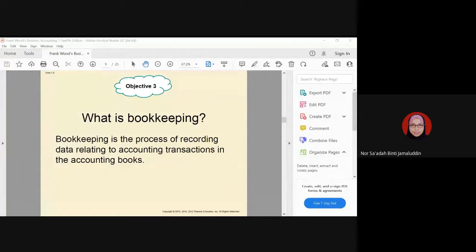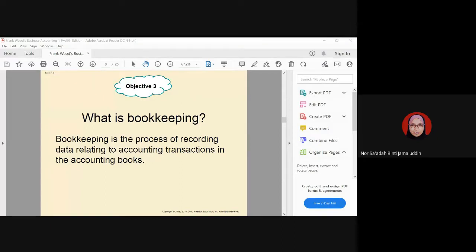Sebagai contoh, for example, we do the buying transaction, or we do the selling transaction. So we record our transaction in the accounting book. Process of recording tersebut adalah dikenal pasti sebagai bookkeeping. But make sure awak tak tertinggal lah untuk tulis record your data relating to accounting transactions in the accounting books.